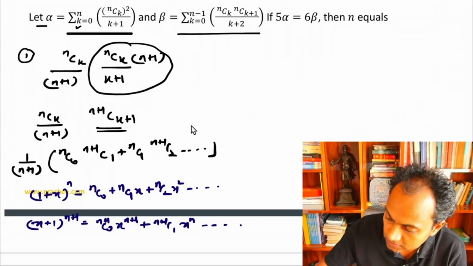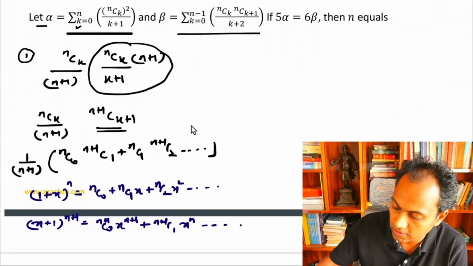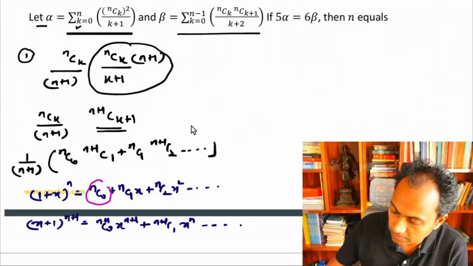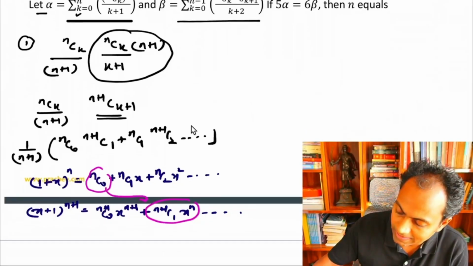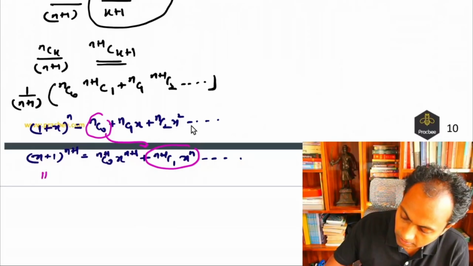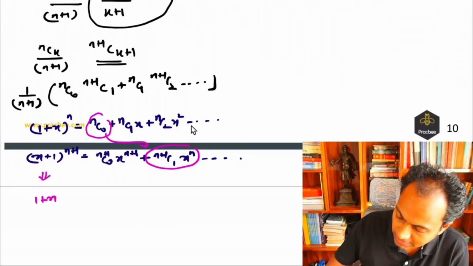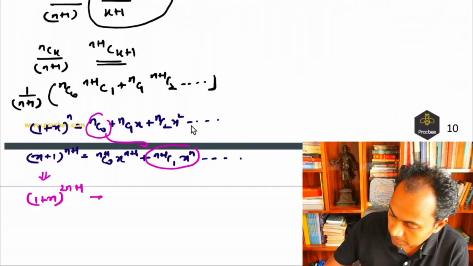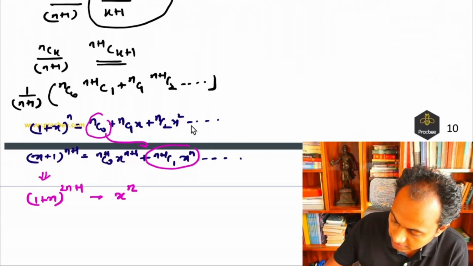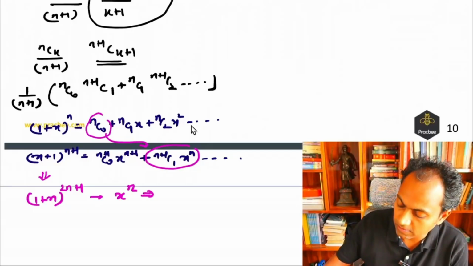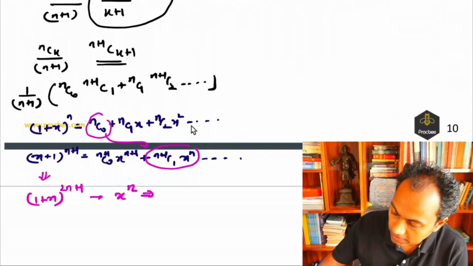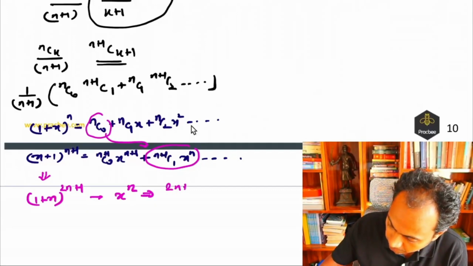Now what is happening is, when we are multiplying these two series, this term will get multiplied by this term and generate the series. So as a result, in 1 plus x raised to the power 2n plus 1, the coefficient of x raised to the power n will get generated, and hence the sum of this series will become nothing but 2n plus 1 Cn.